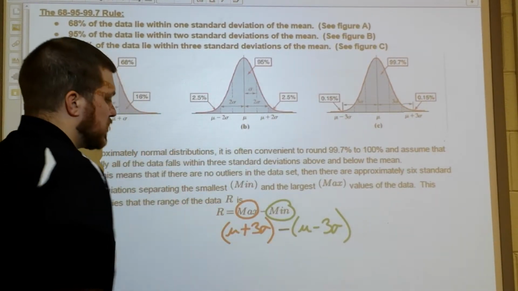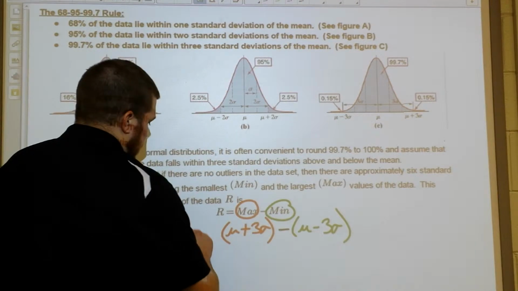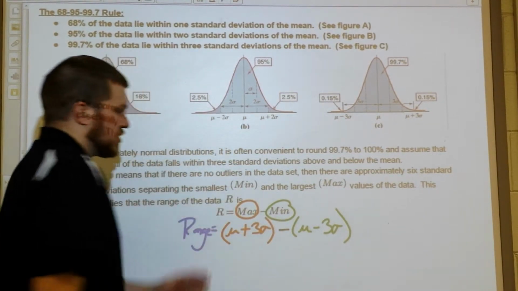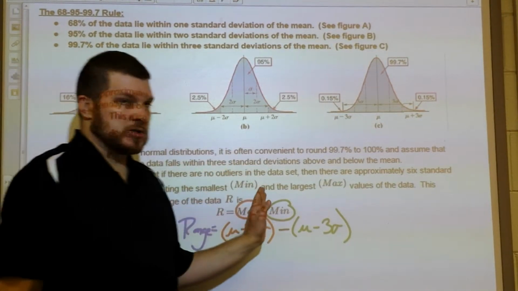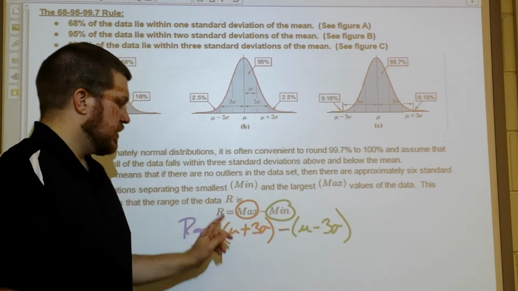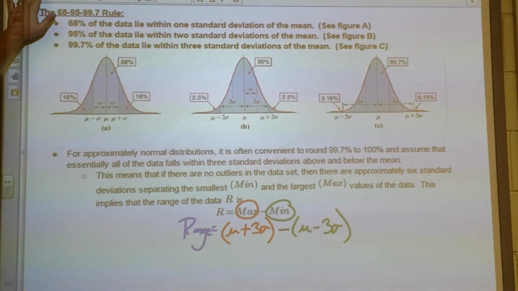And that's going to give us what's called the range, which you probably have calculated in earlier math classes. The range is always the highest value minus your smallest value. Same thing here, the max minus the min.